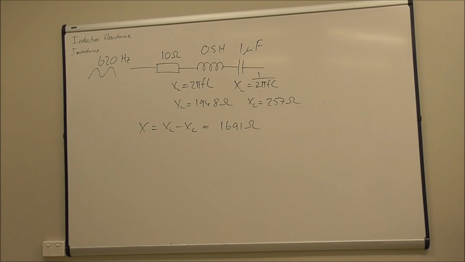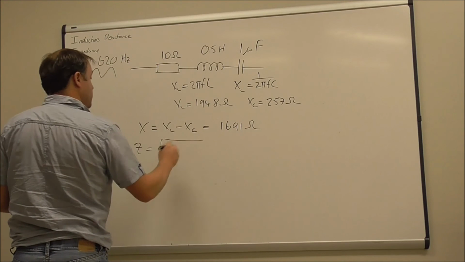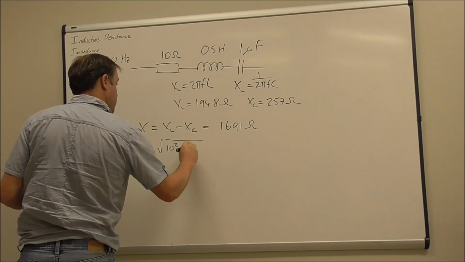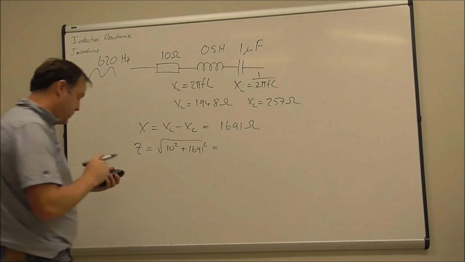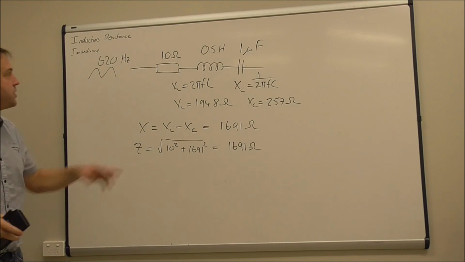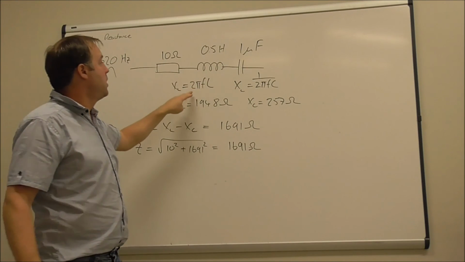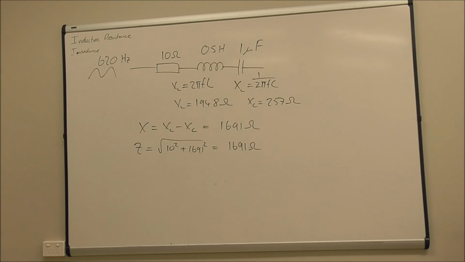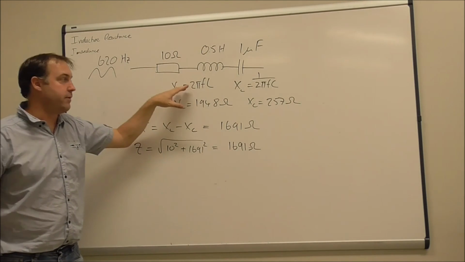So 1,691 ohms. The resistor here plays very little role at this frequency in the total impedance because this inductive reactance is huge compared to everything else.